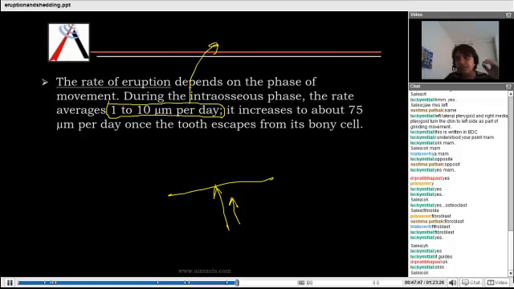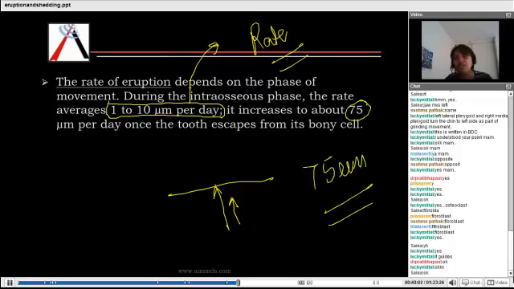Micrometer, sorry. That is the rate of eruption in intraosseous. But as soon as the tooth comes onto the surface, the resistance is gone. The bone is not there. Now it goes very fast. It is 75 micrometers per day once it comes out of the bony cavity. Get the point?